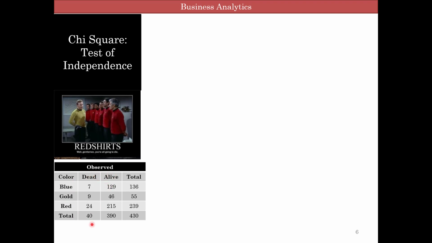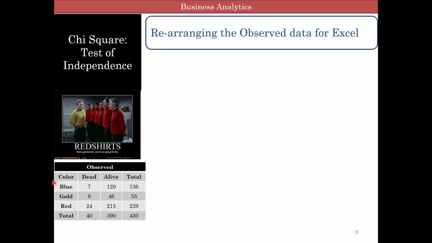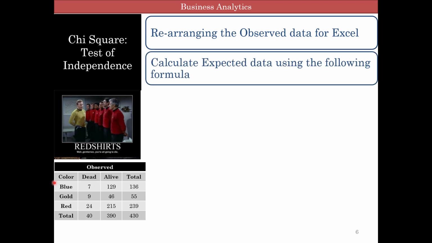So we are using dead and alive as our columns too. We put the numbers in based on what we have in the previous data set, and we have rearranged the observed data in Excel. The next step is we are going to calculate the expected data using the following formula.